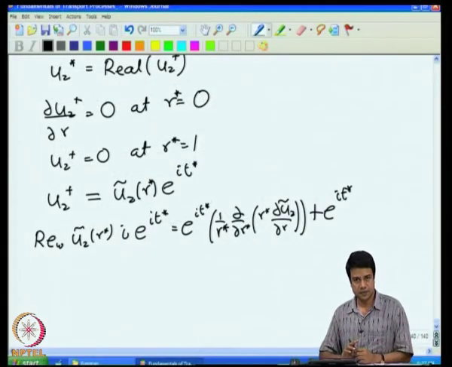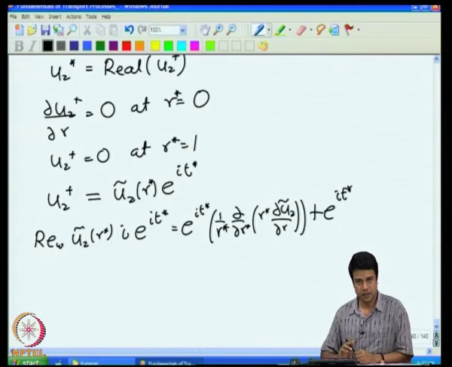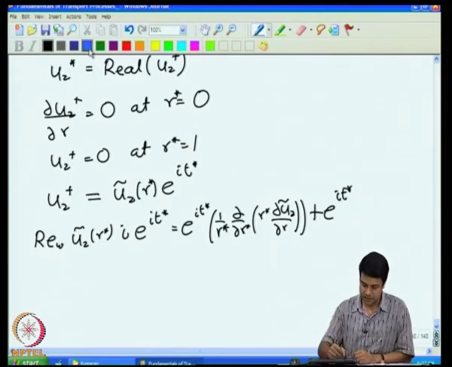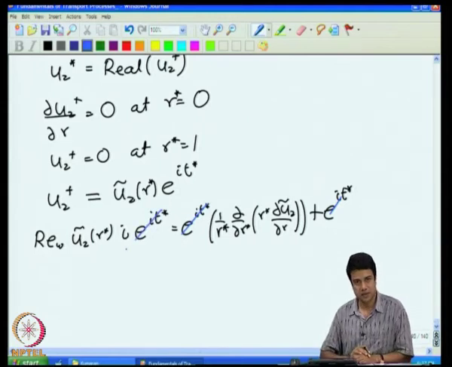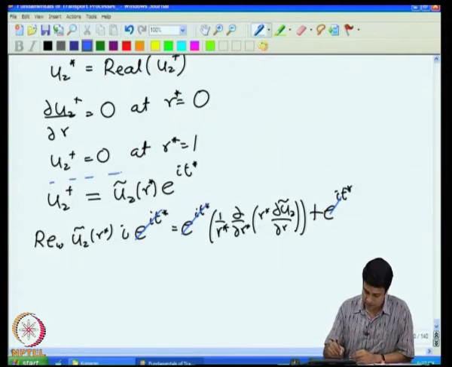Note that within this equation all terms have e power I t star multiplying them. That means that I can cancel out e power I t star on each of these equations. I can divide throughout by e power I t star. And then I get an equation that is not dependent on time at all. It is completely independent of time, it depends only upon r. That is the reason that we were able to do this substitution in the first place.